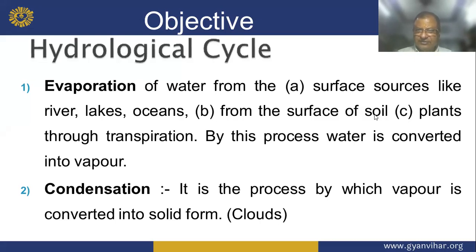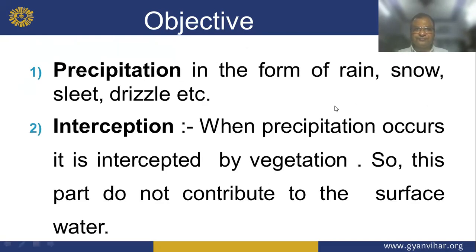Condensation is the process by which vapor is converted into a solid form, the cloud. So I think you have understood how a cloud is made. Now precipitation in the form of rain, snow, drizzle.